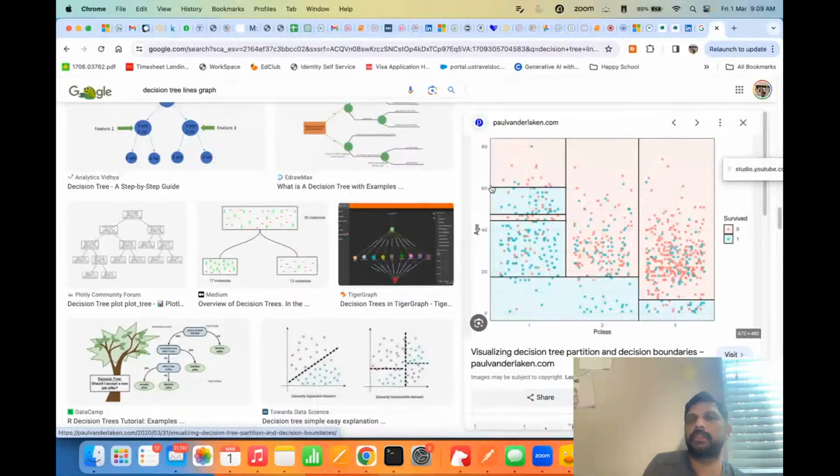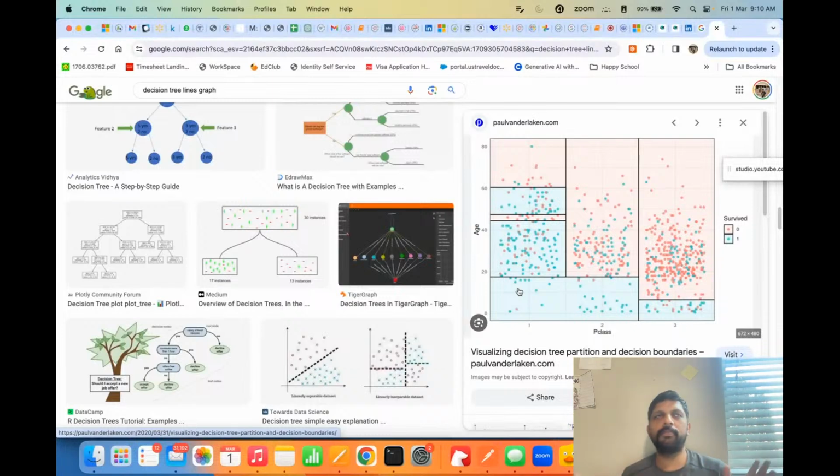So most probably he has drawn this line first, and then he got these points on one side and all these points on another side. Then he has drawn this line, and he got these points and all of these points. Then he has drawn this line, and he got these points and these points in between. So this is how he has drawn the lines, and he is splitting the whole problem and solving one problem at a time. So that's how he has really done it.